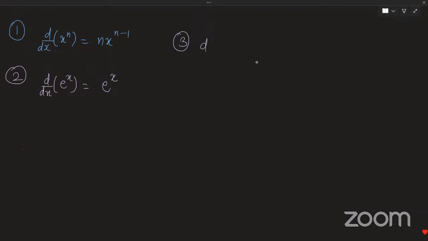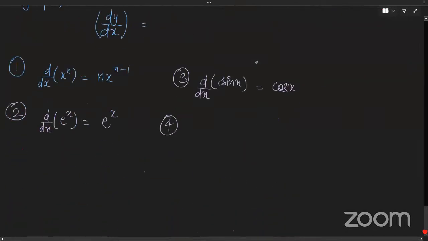Okay, great. So d by dx of sine x, what is it? Cos x, sir. How did we derive it? Expansion. Okay. No, we did not go for the expansion. If you remember, we went for sine of x plus h minus sine x divided by h.